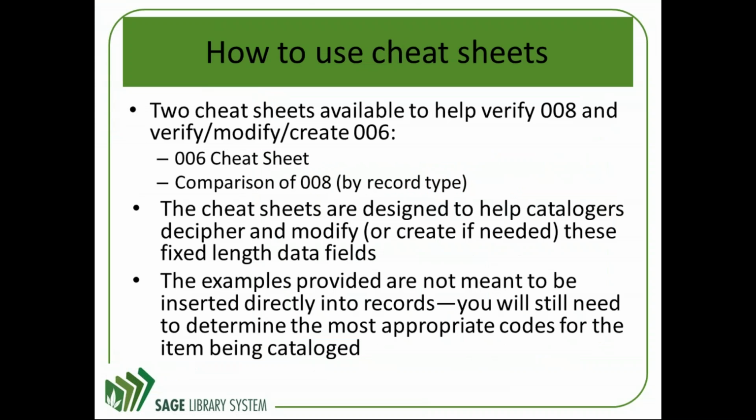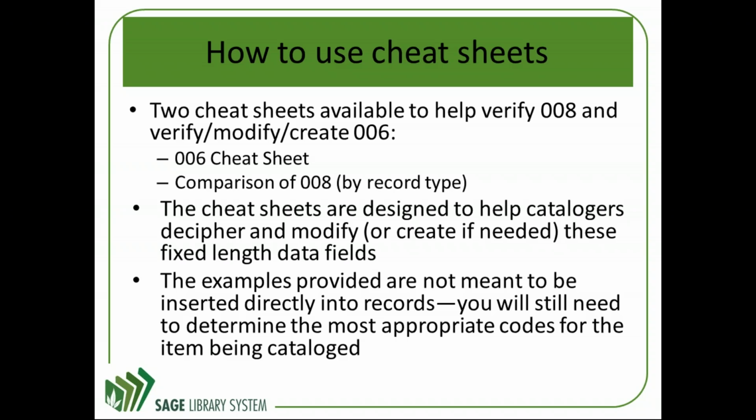So I wanted to mention something about how to use the cheat sheet. Again, we'll be posting the 006 one and the other one, the comparison of 008 by record type. But I wanted to make sure that everyone understood that the cheat sheets are really meant to be a tool to help you understand and decipher the 006 and the 008 as you work through these records.